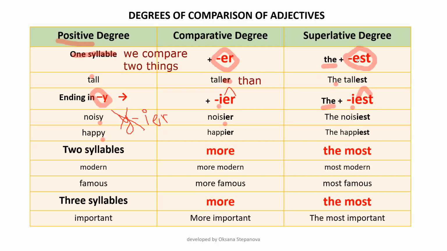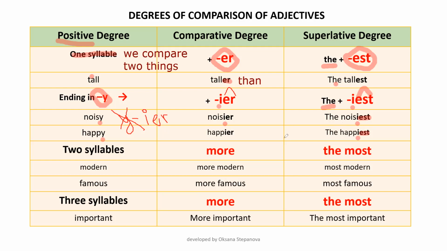We have the same suffix est, but we just changed y to i. That's the only difference. So we have iest, and we get the noisiest, the happiest. This boy is the noisiest of all. She is the happiest of all.